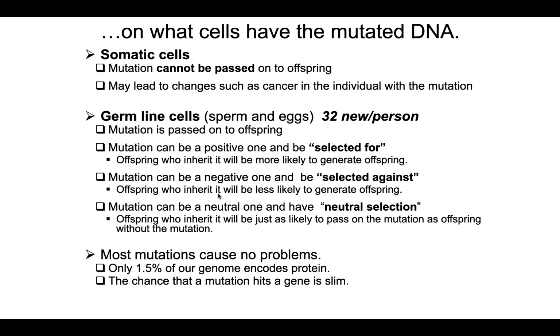And whoever inherits that will be less likely to generate offspring. And finally, some mutations will be neutral, that it will not have any effect that is either selected for or selected against within the environment. Now, most mutations cause no problems. Only about 1.5% of our genome encodes protein, and so the chances that a mutation will hit a protein encoding region of the DNA is small.